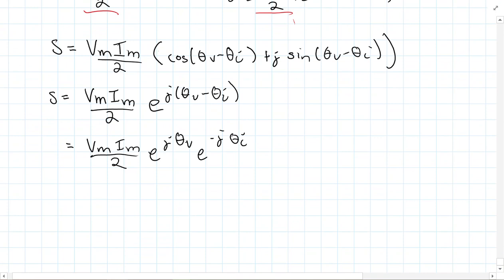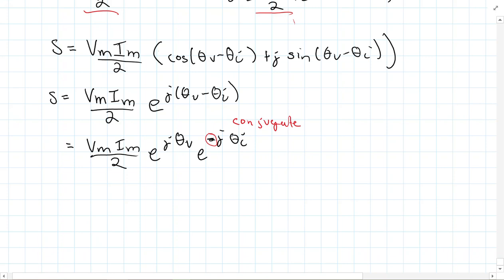But wait a minute here. That negative there is just a conjugate, is what that negative does for us.